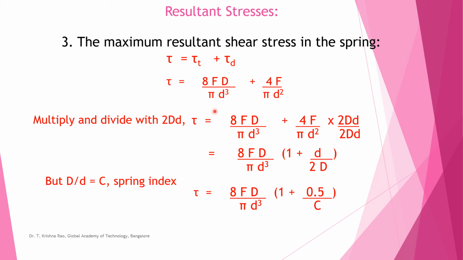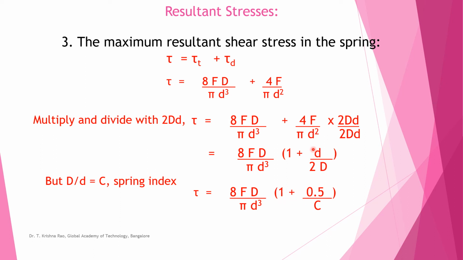What we have done to make it common and take common here, we multiply the second part with 2D and D. Then this becomes 8F capital D small d by 2 pi d cube d, like that we get. If you take this 8FD by d cube common, I am left with 1 here. Here we are left with 8 by 2D.